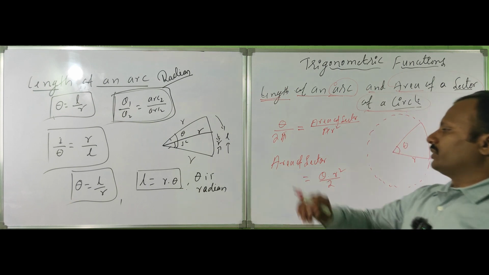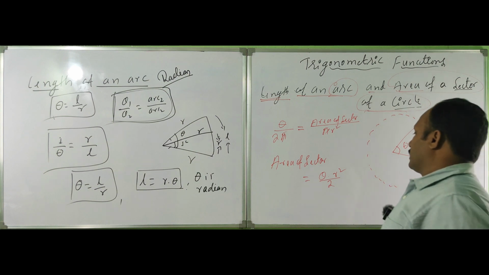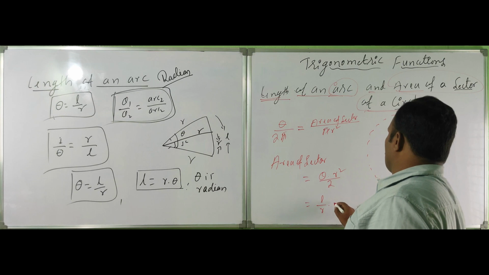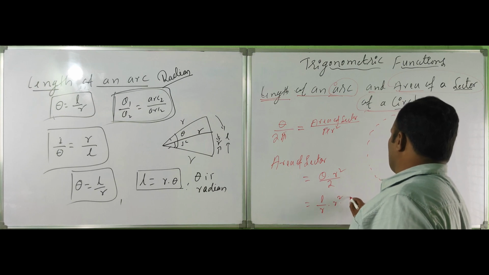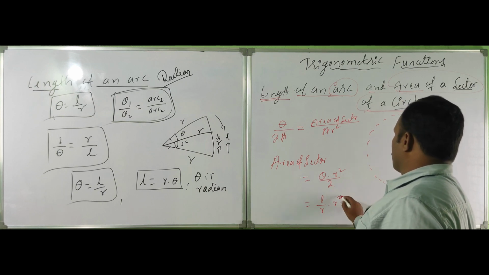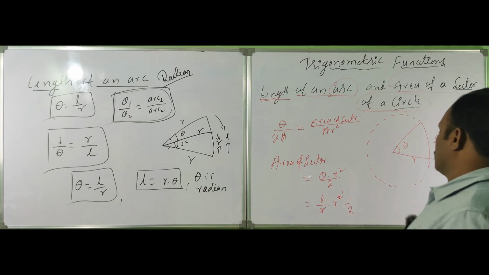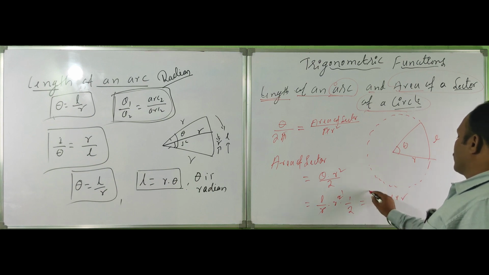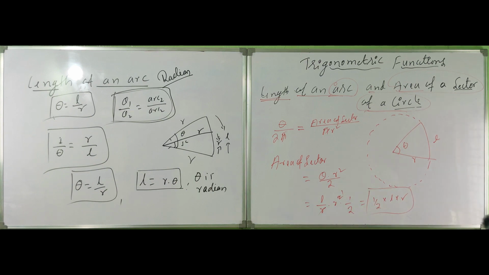Put the value of theta equal to L by R. This becomes L by R into R square into 1 by 2. This R gets cancelled. This becomes 1 by 2 into L into R. Standard equation. Therefore, area of the sector is equal to 1 by 2 L into R.